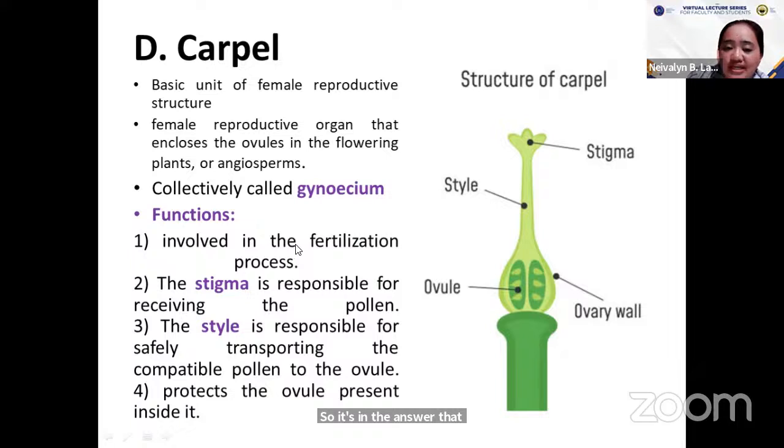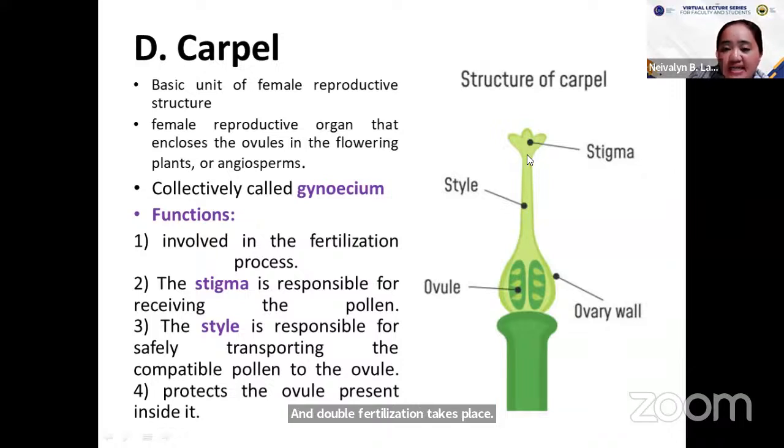During the pollination process, due to pollinators like insects, animals, wind, and other agents of pollination, once the pollen is caught by the stigma, which contains a sticky substance, the pollen will travel down the style towards the ovary, where fertilization and double fertilization take place.